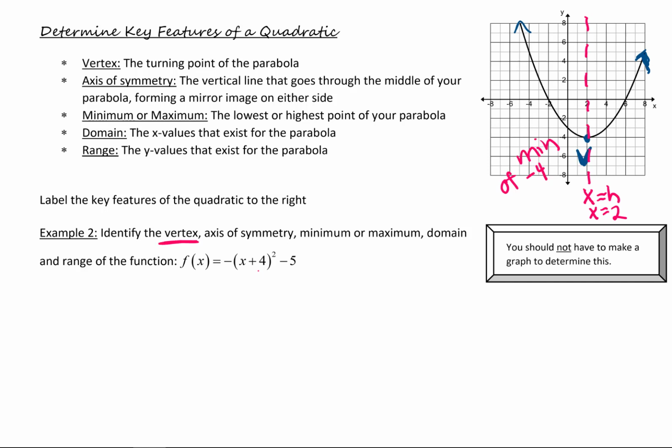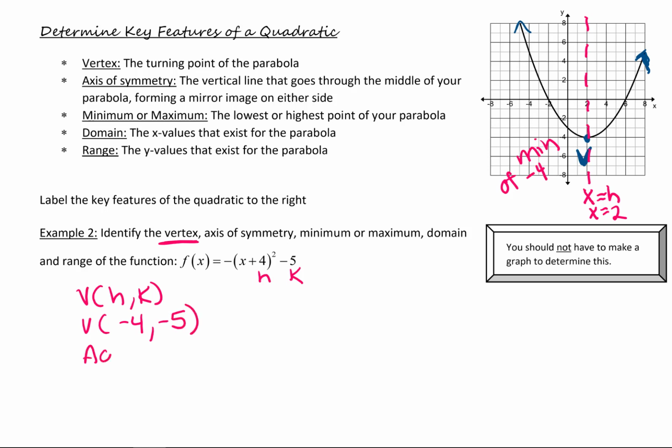So our vertex is h and k. So we see a +4 on the inside of the parent function. So that means it's really moving to the left by 4. So -4. And our k value, we see a -5.